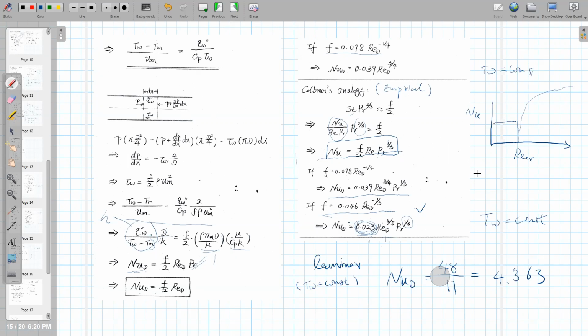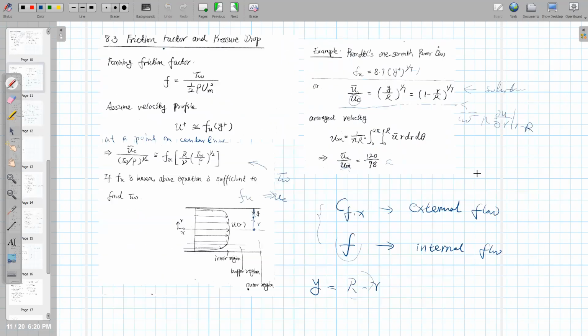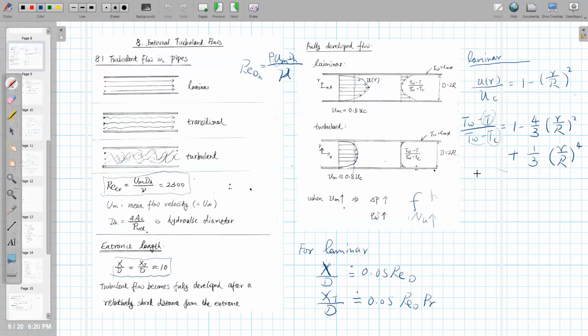So same thing. When we're talking about all these turbulence effects for external and internal flow, we're just focusing on what the critical Reynolds number will be, basically telling you when each flow is laminar or turbulent, and how the profile will change.